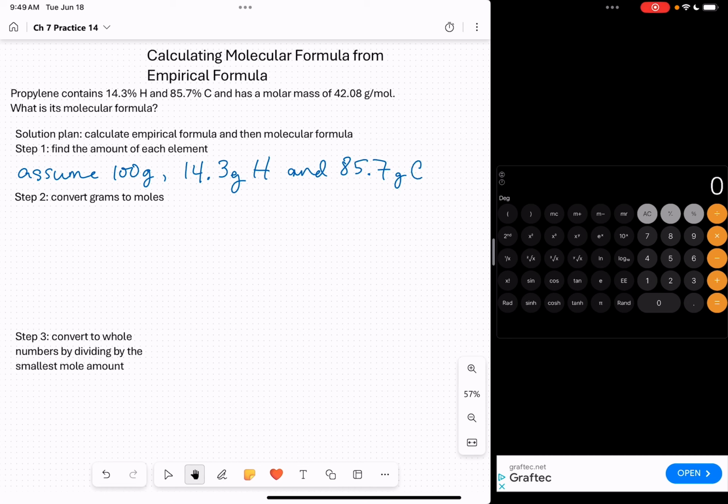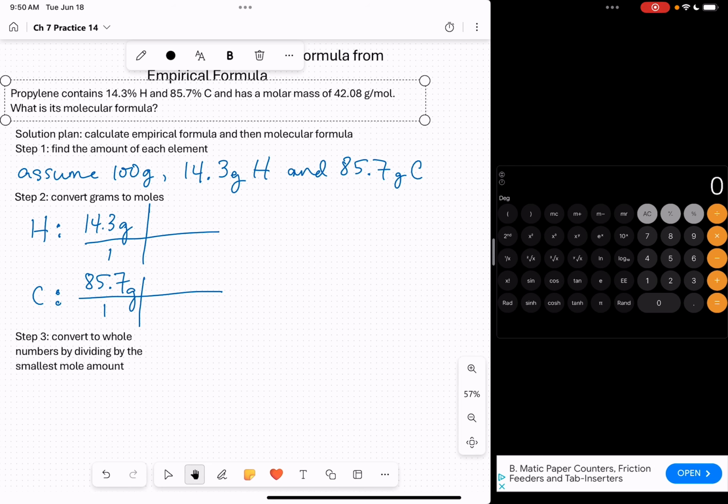Next step is to convert the grams of each element to moles. So we have two elements, hydrogen and carbon. This is a one-step conversion of grams to moles for each. So I have 14.3 grams of hydrogen, 85.7 grams of carbon.